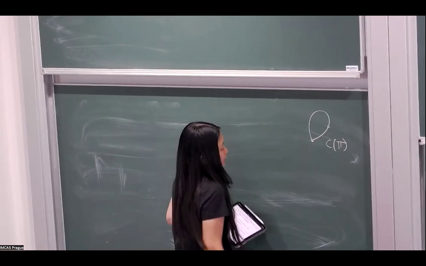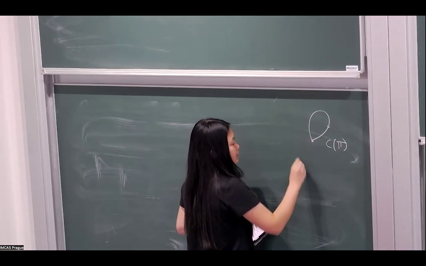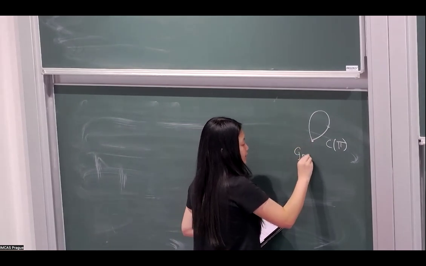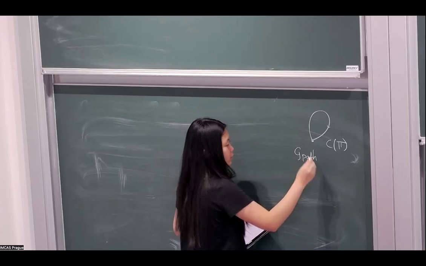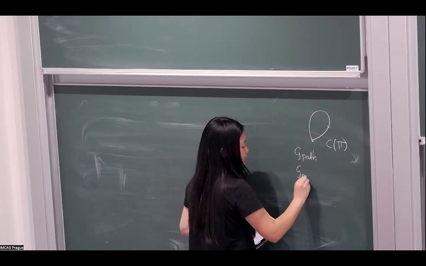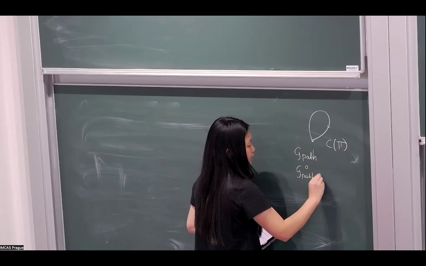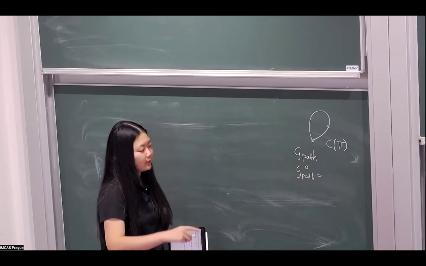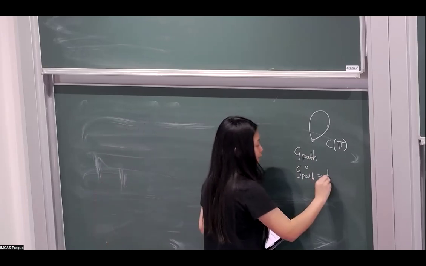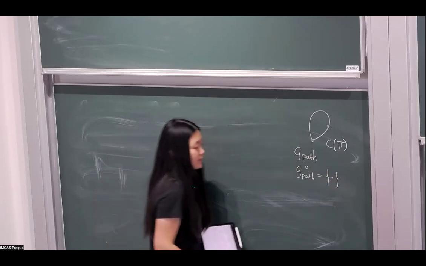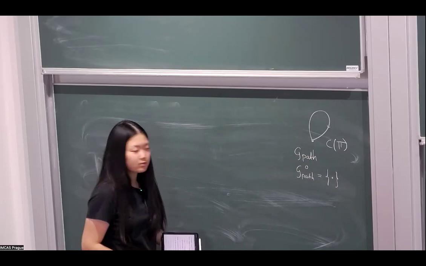And if you look at this path groupoid, the unit space of the path groupoid can be identified with the set of infinite paths. And in this case, you only have one infinite path. So the unit space would just be a singleton.